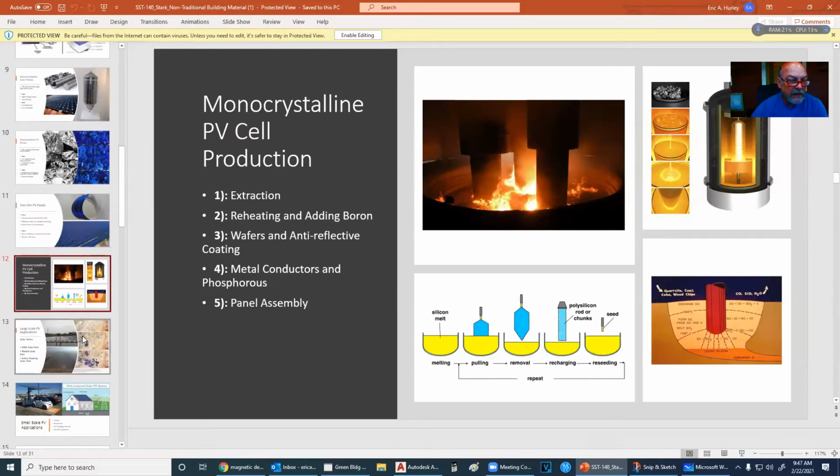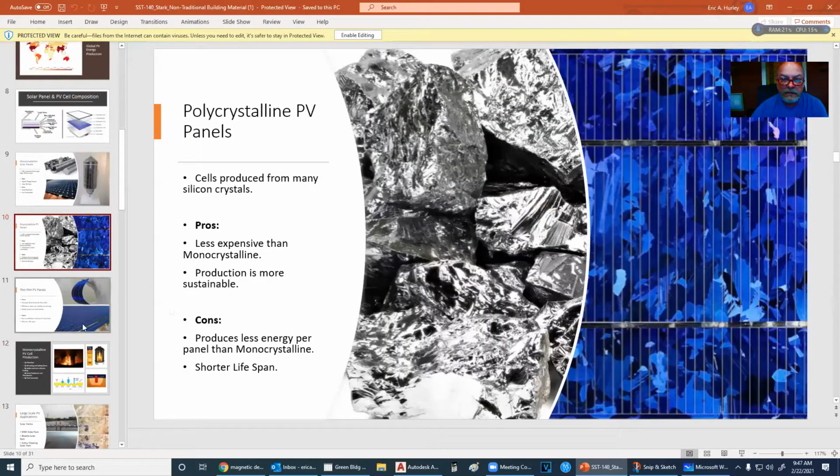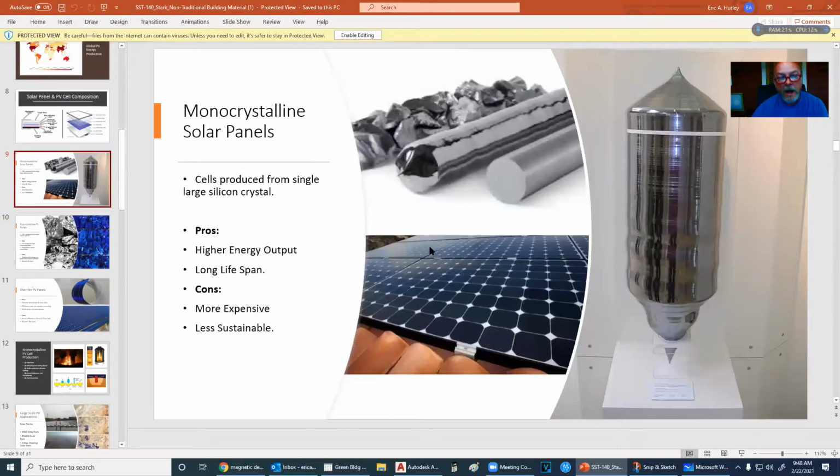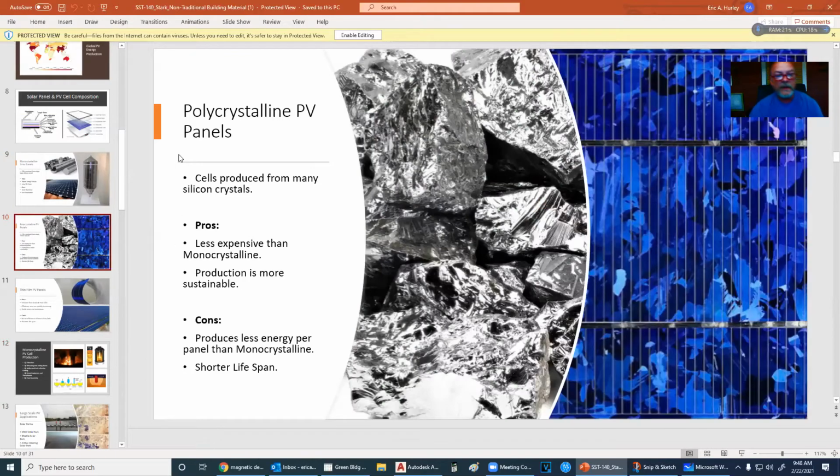Whereas in the multi, I meant to say this too, polycrystalline is also known by another name called multi-crystalline. Since this is the mono or singular, then poly, also known as multi-crystalline, means many.